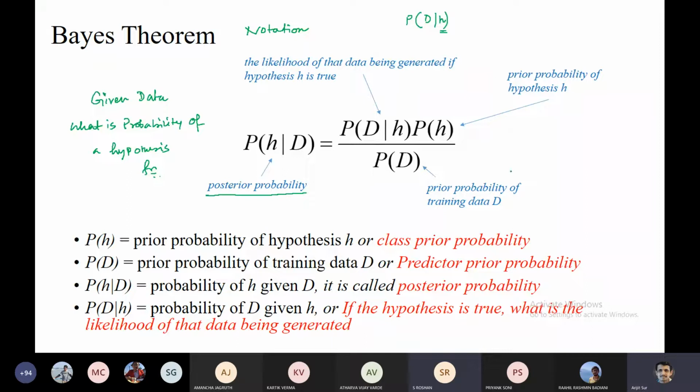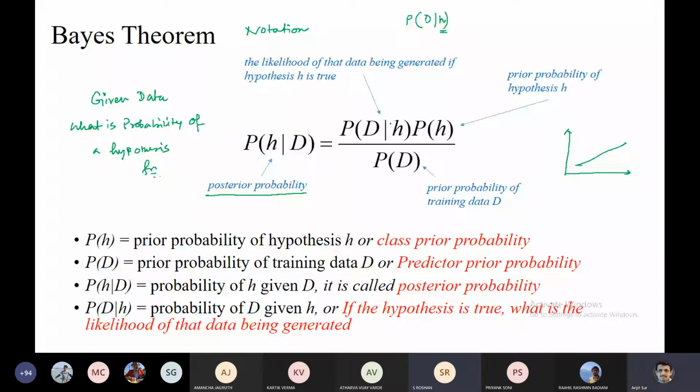If we have a kind of hypothesis function, what is the probability of the data that have been generated? This is the likelihood of the data being generated if the hypothesis H is true.